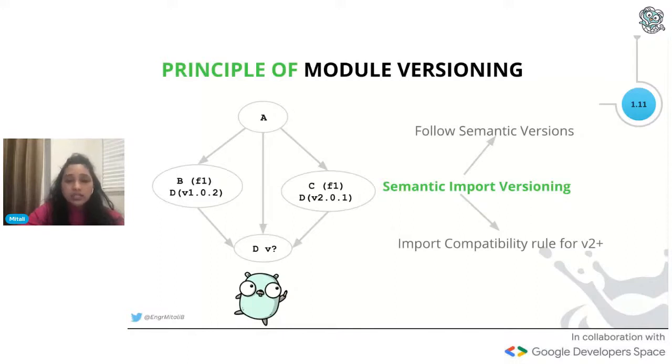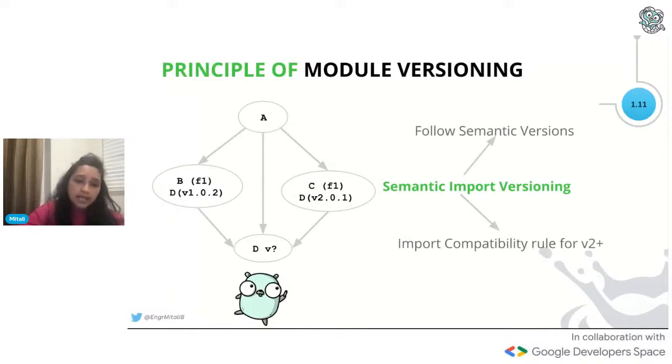This is called the import compatibility rule. Whenever you bump your version to 2 or higher, you should include that in your path. For 0 and 1, this rule doesn't apply, as 0 and 1 are basically for testing and basic release.